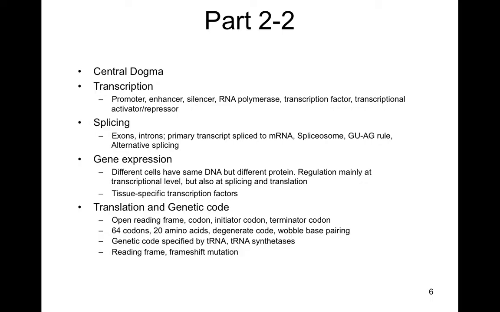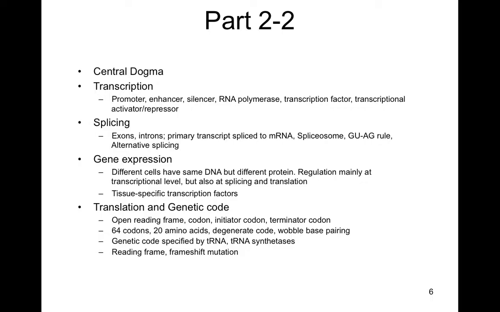The genetic code is, in a sense, specified by the tRNA and the tRNA synthetases, and the tRNA synthetase is the one that adds the amino acid to the tRNA, and the tRNA has the anticodon which binds the codon.